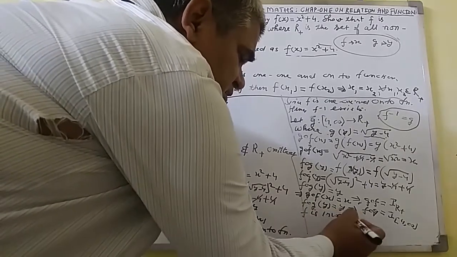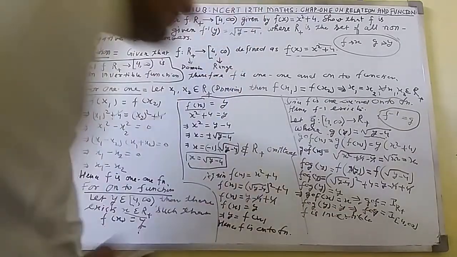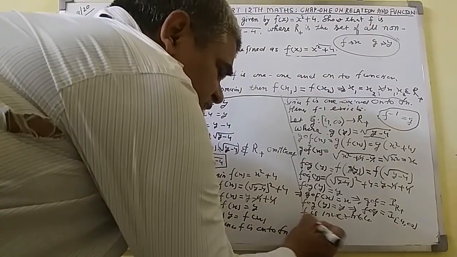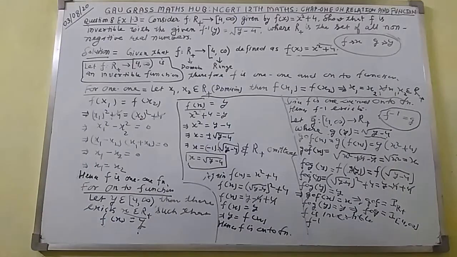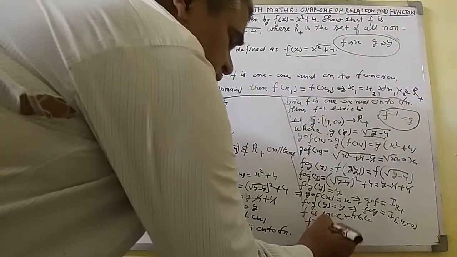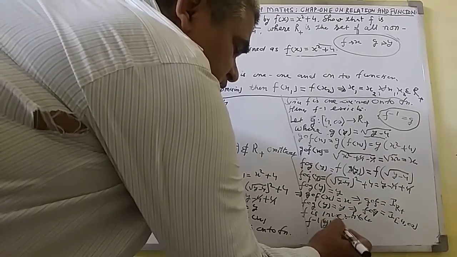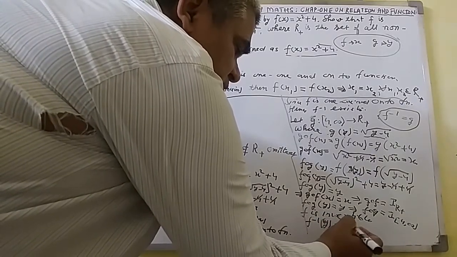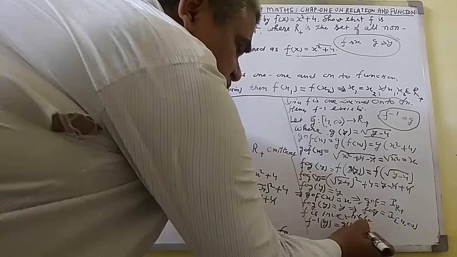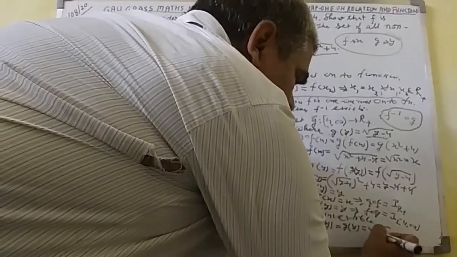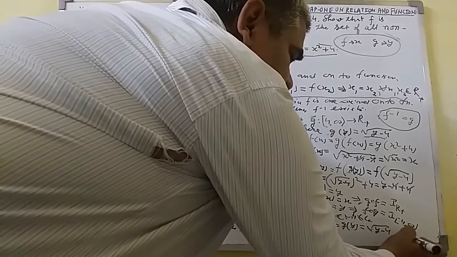Here we can say f is invertible, and so f inverse y equal to g(y), and g(y) equal to, putting the value, under root y minus 4. This will be the correct answer.